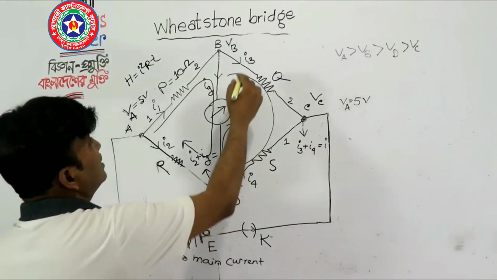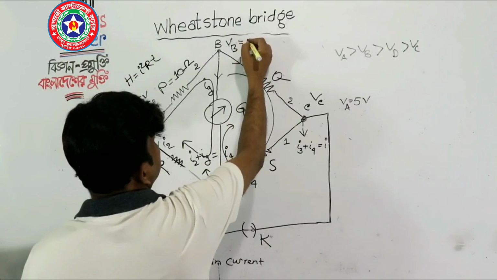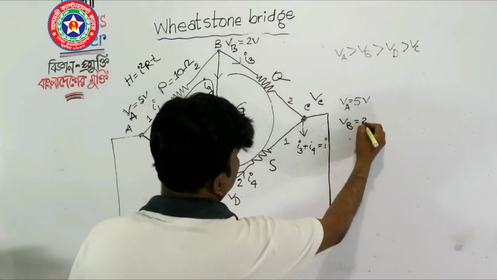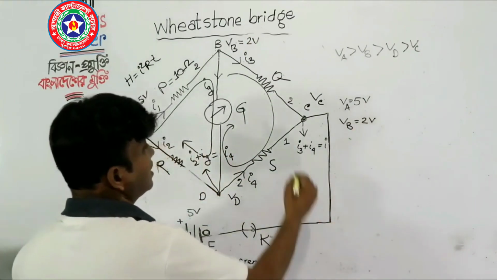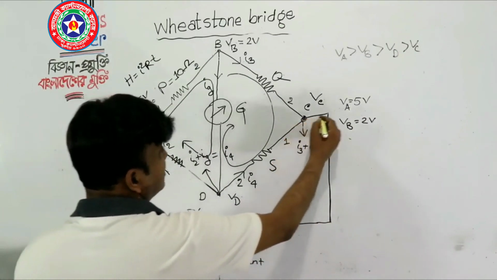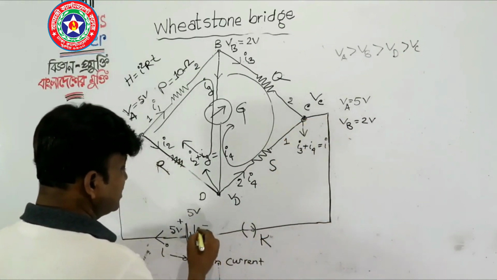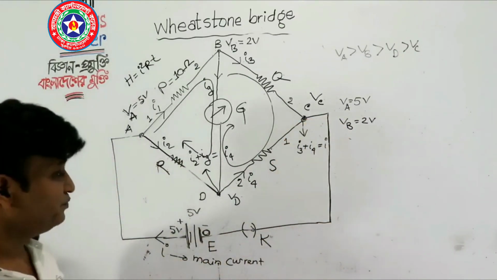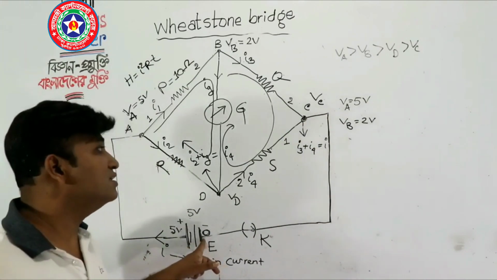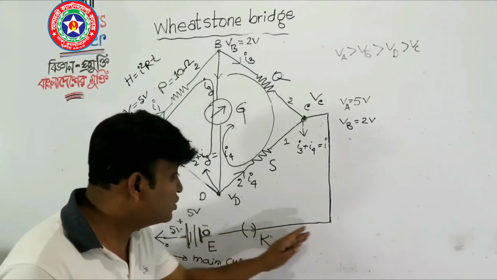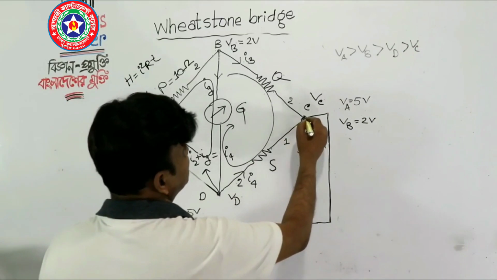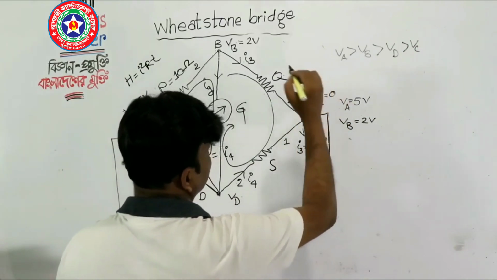As a result, we get here the potential VB equals 2 volts. Now this point C is directly connected with the negative terminal of this battery, as the potential at the negative terminal is 0 and there is no resistance here. Therefore, the potential at point C will be 0.